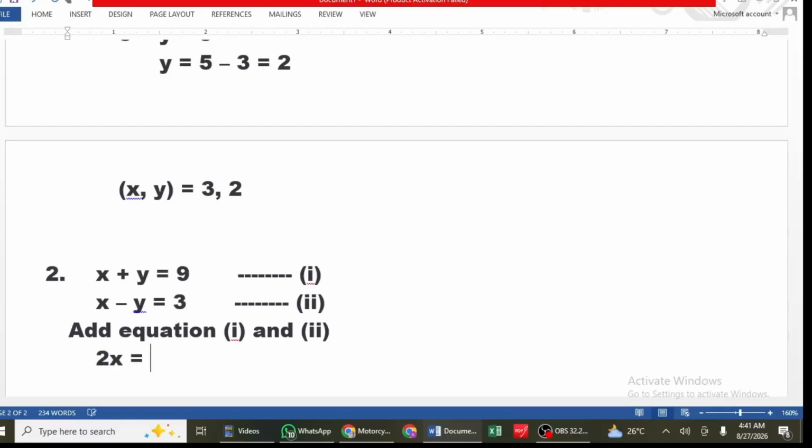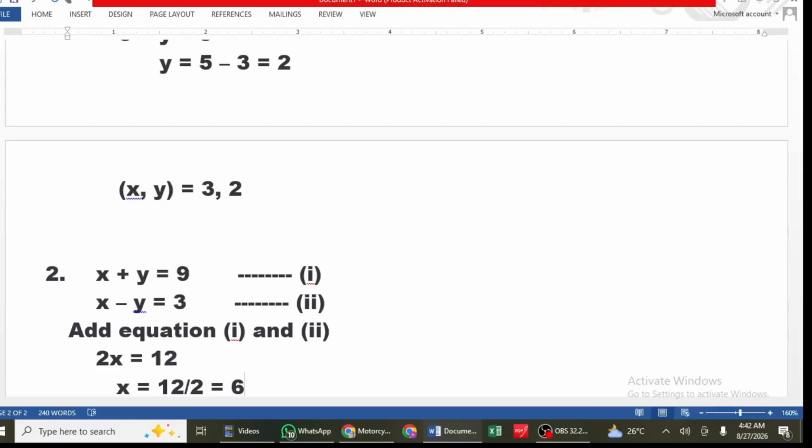Then on the other side, 9 plus 3 will give us 12. Then you divide both sides by 2, that is the coefficient of x. Then x will be equal to 12 divided by 2, and 12 divided by 2 will give us 6. The value of x is 6.